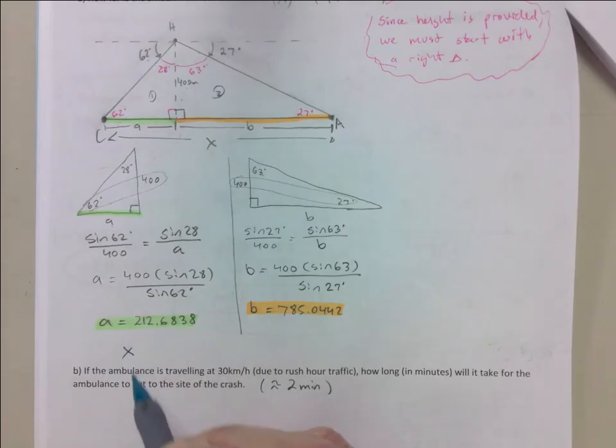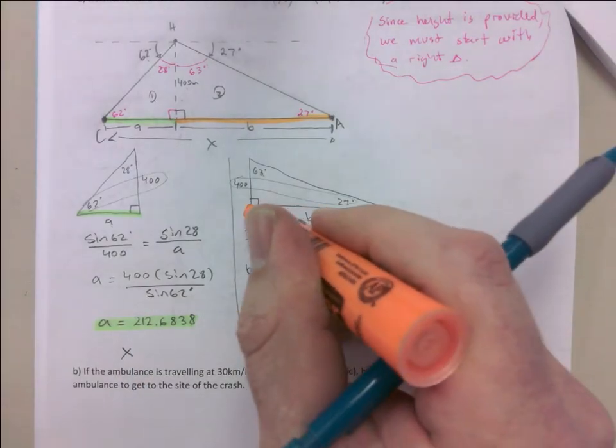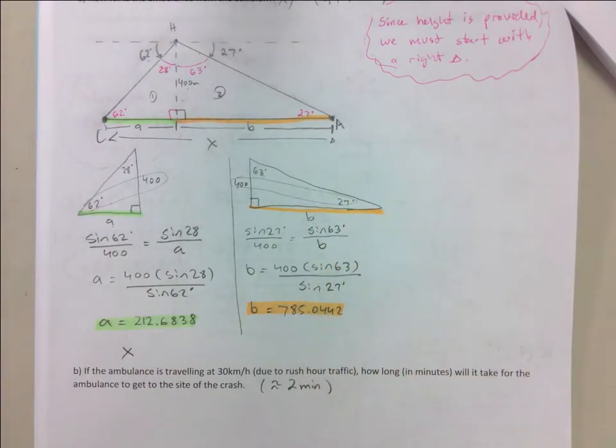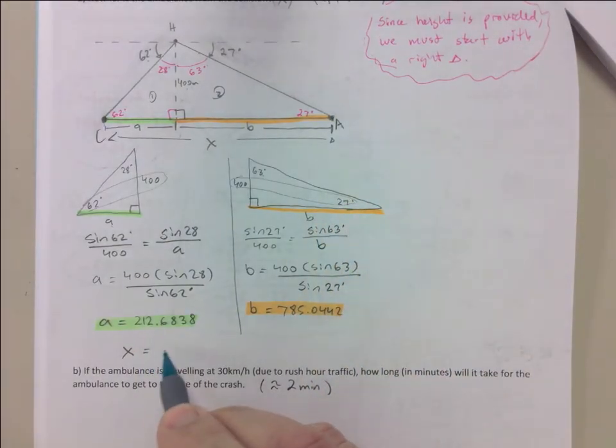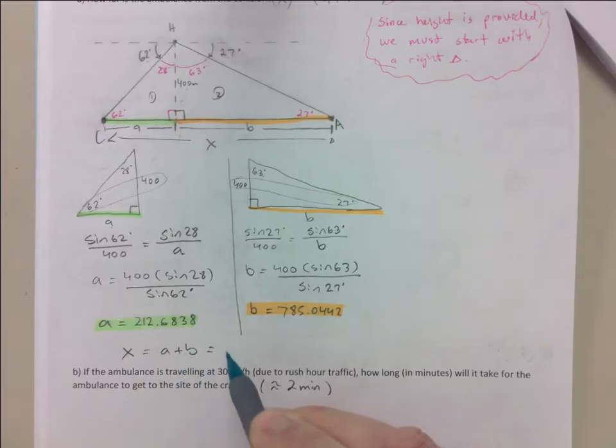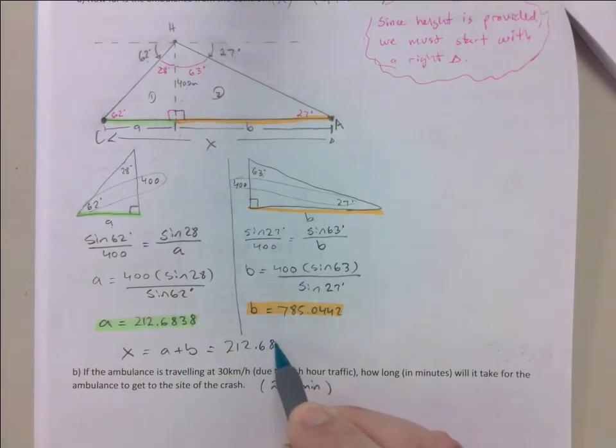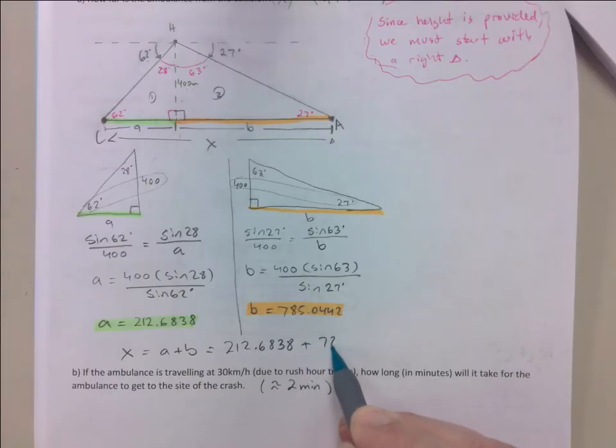Side x, I forgot this one. Side x is going to be a plus b, which is 212.6838 plus 785.0442.